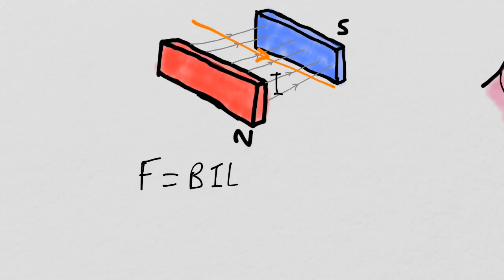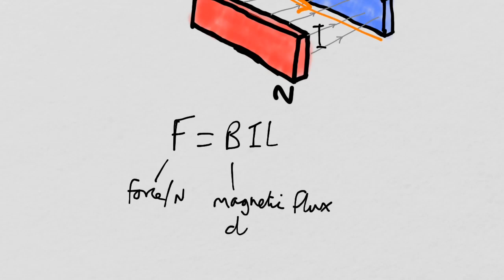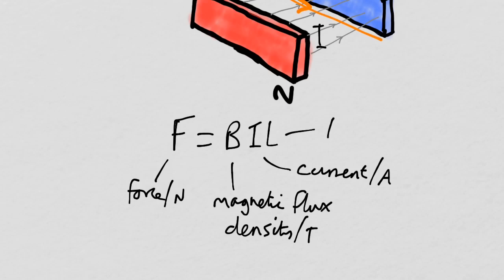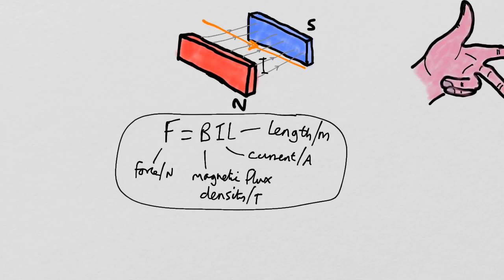Force is in newtons, and the magnetic flux density is measured in a unit called Teslas, which we represent with a capital T. I is current, measured in amps of course, and L is length, which is in meters. I'll mention it again, this formula only works if the wire is at 90 degrees to the field.